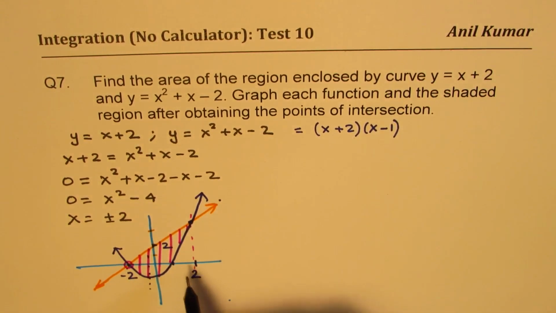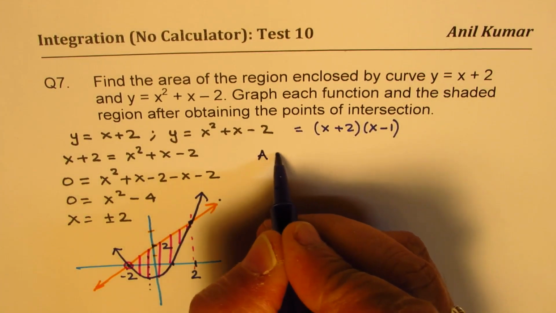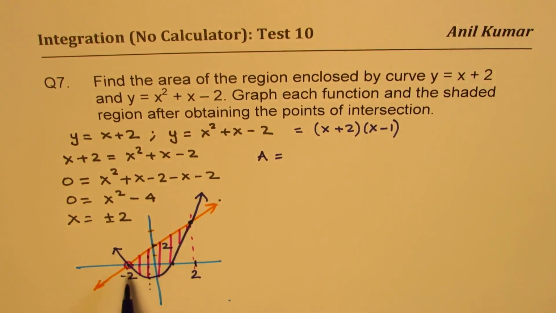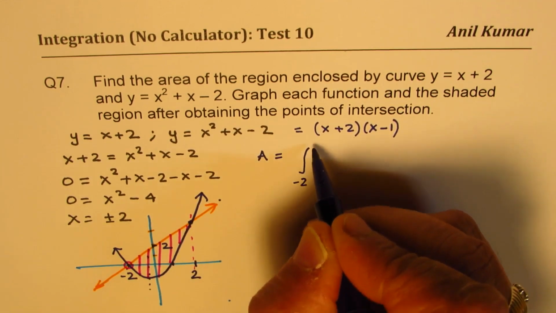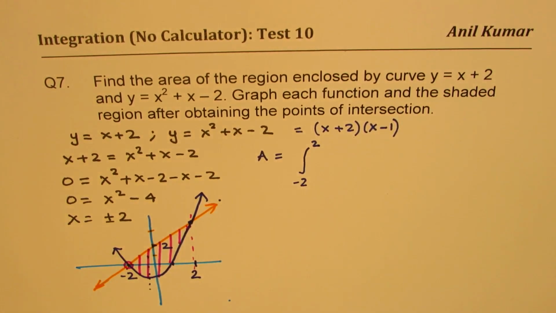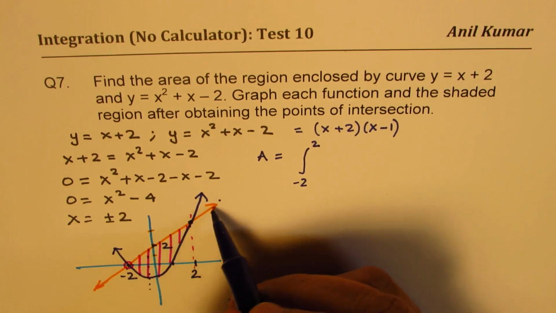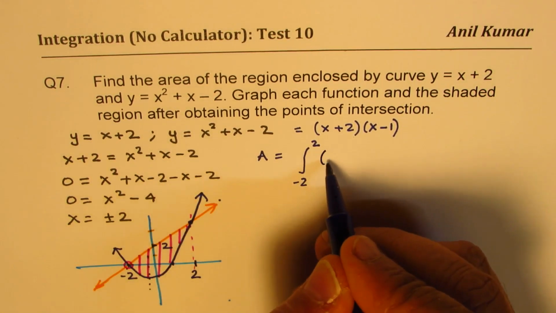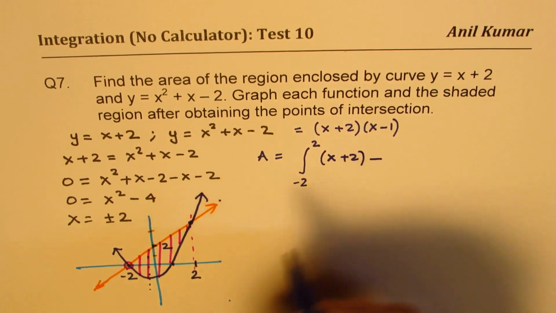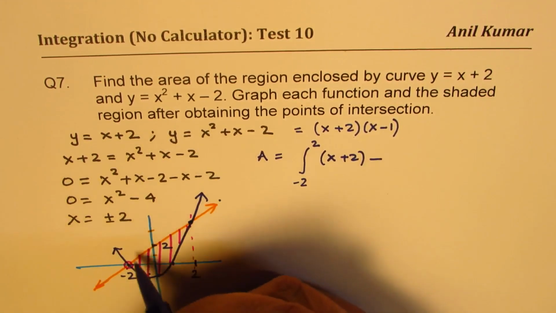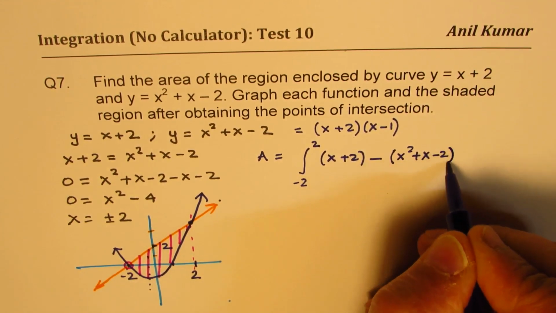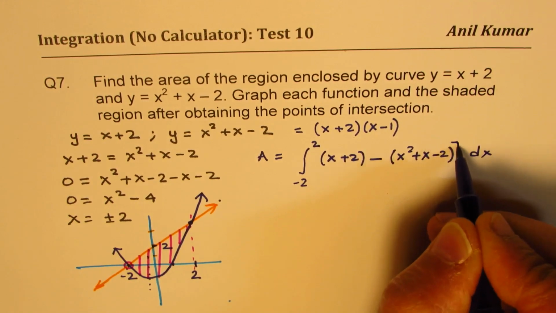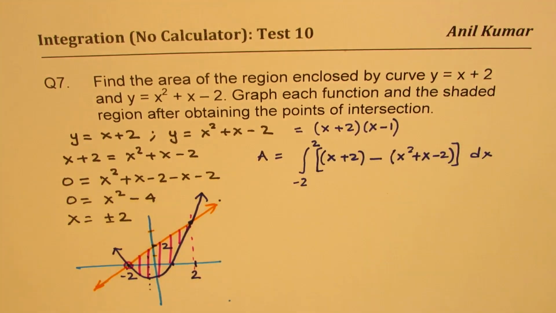So to find the area, we can say that the area will be equal to the integral from minus 2 to 2, and the function is going to be the linear function, which is x plus 2, take away the parabola, right? So the region between these two, which is x squared plus x minus 2 dx, correct? So that becomes the area under the curve.